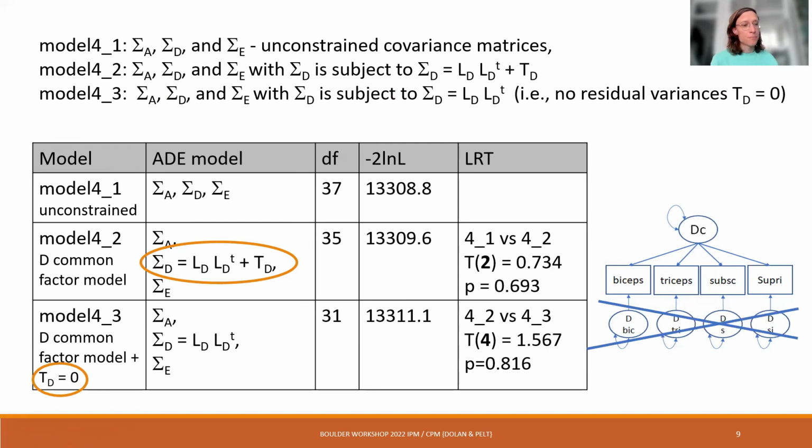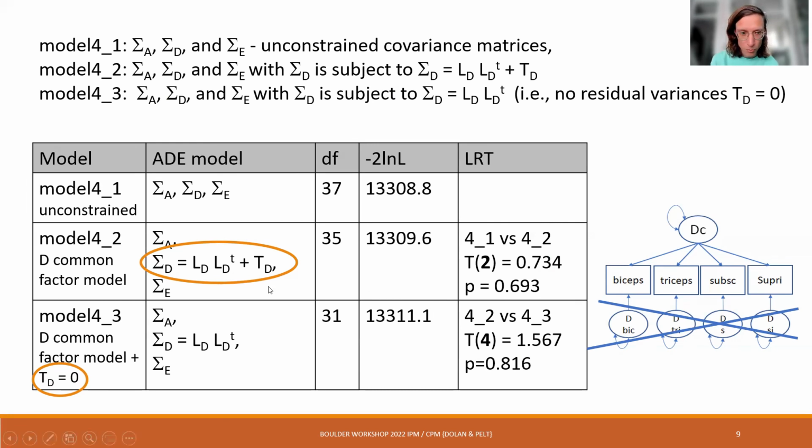What we do then is, as I explained in the previous slide, we test whether the unique dominance genetic effects on the phenotypes are equal to 0. Then we have a test with 4 degrees of freedom. Why 4? Well, first we estimated 4 unique variances, and now we do not estimate them, we simply fix them to 0.